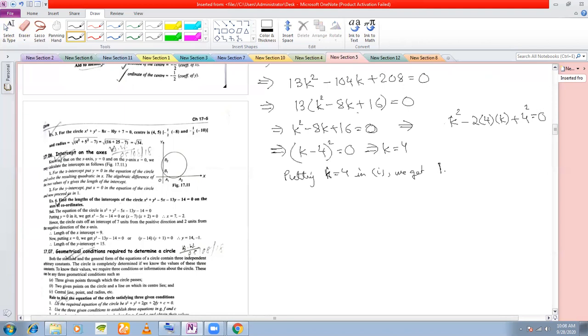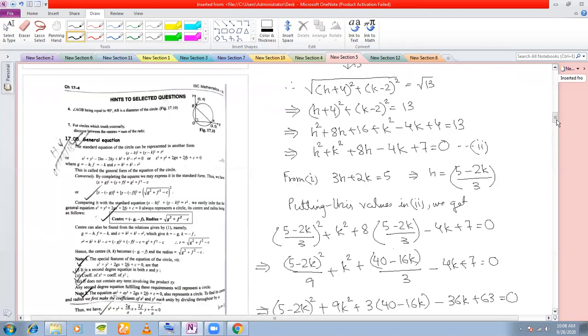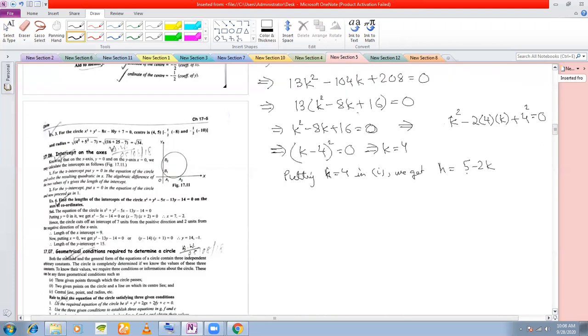So you get h is equal to (5 minus 2 into k) by 3, that is (5 minus 8) by 3, which is minus 1. So therefore, what are the coordinates of the center?